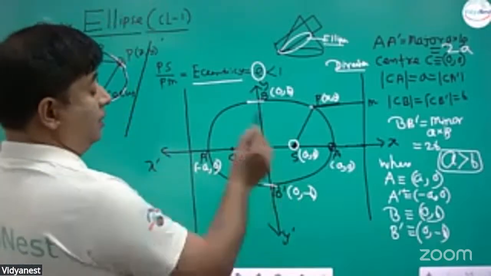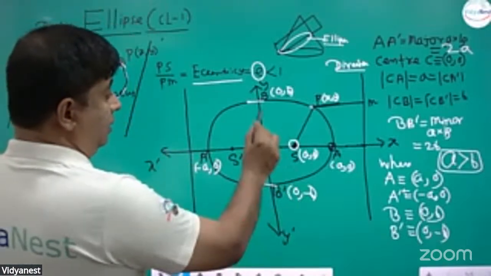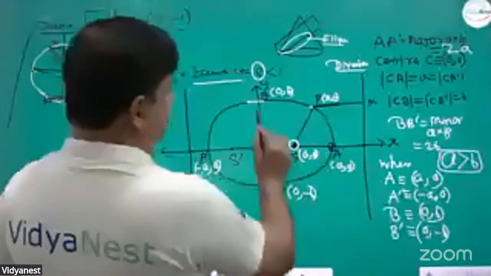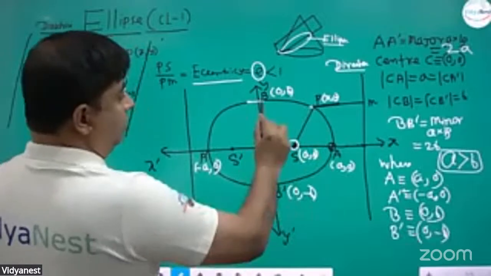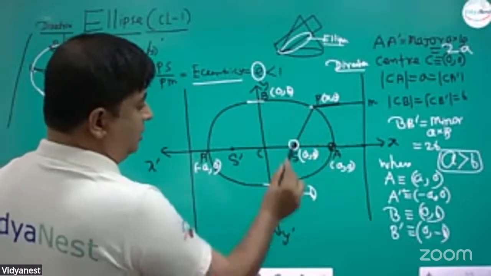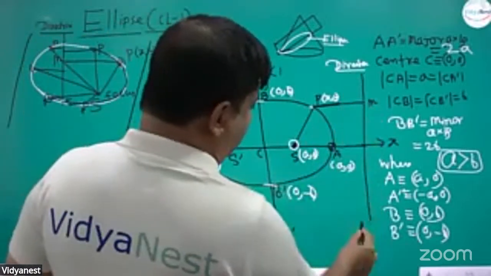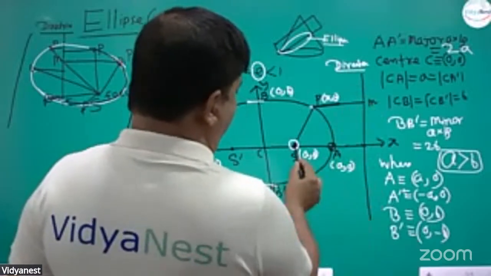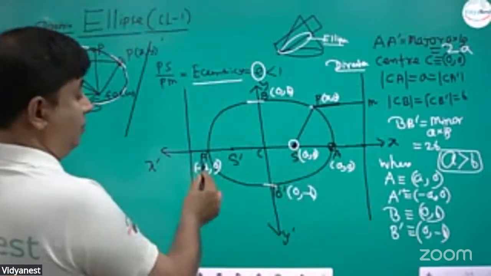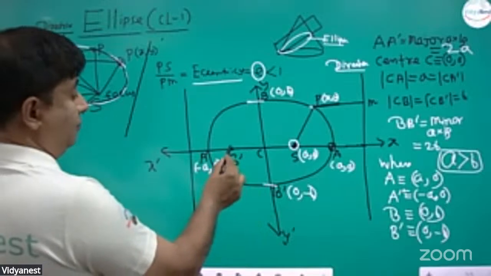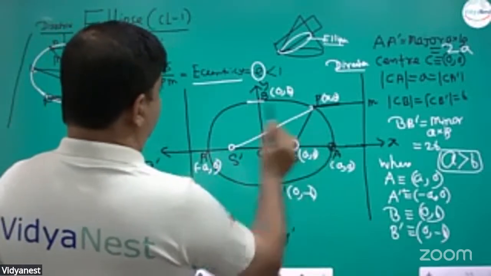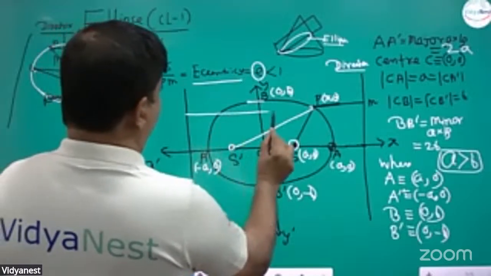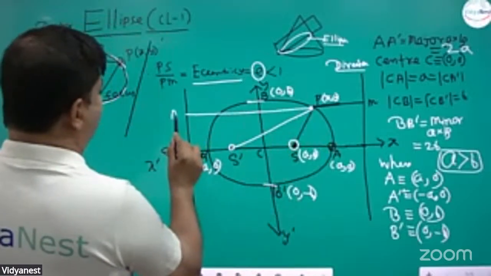See, you can ask me, I have just told you that if you wish, you can consider this half part of the ellipse as parabola. So this is its directrix, one focus. So this will be symmetrical, another parabola, another focus. So the ratio can be formed in this way also.